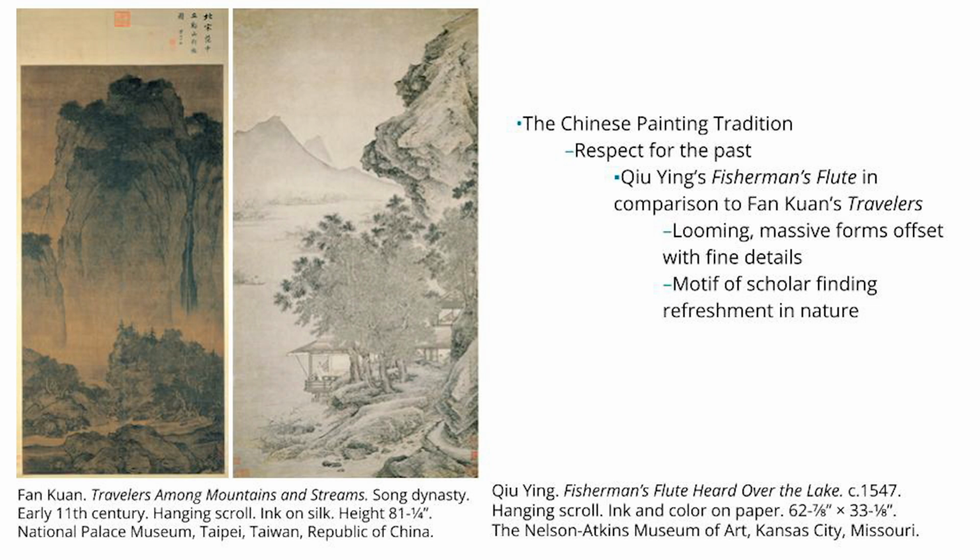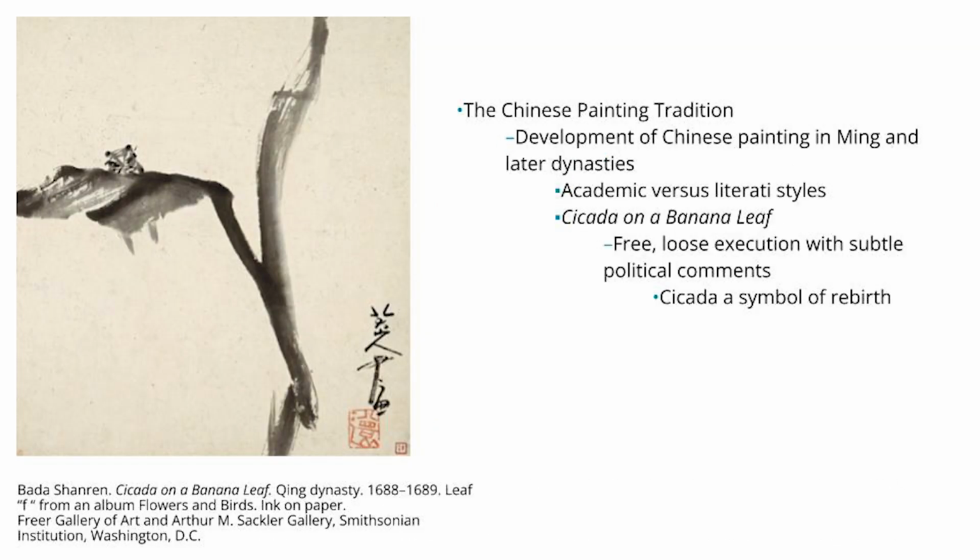Now, let's talk a bit about the development of Chinese painting in Ming and later dynasties. So, getting closer to recent times, there was a sort of feud between academic style painting and literati style painting. And this is a literati style painting. This is Cicada on a Banana Leaf.